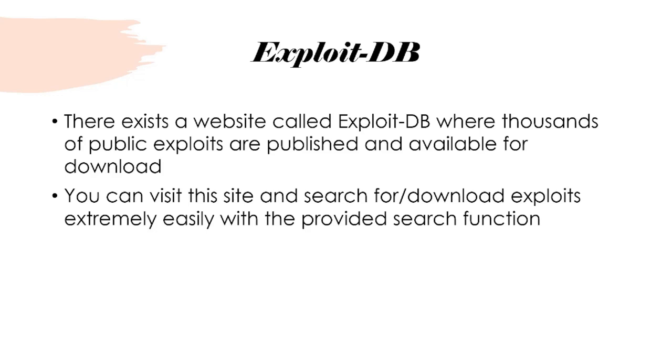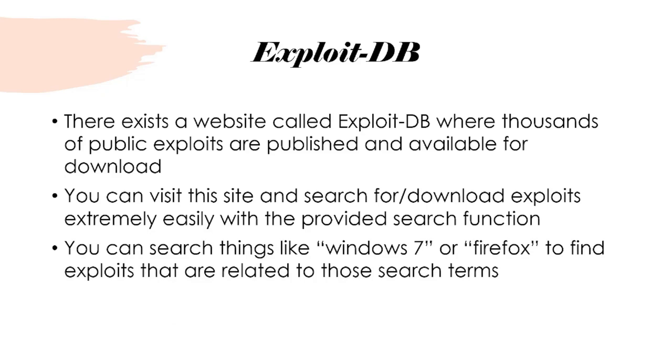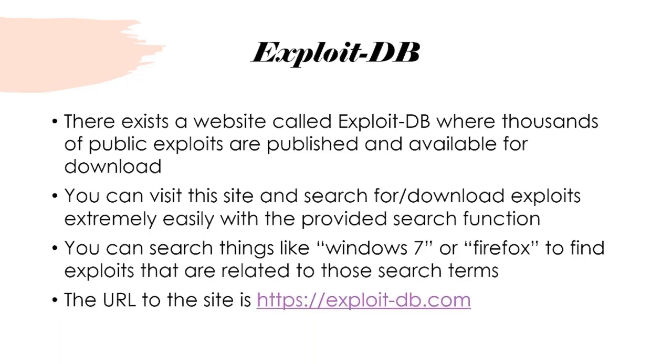I believe we already went there before, for the Google hacking stuff. You can search for stuff that you want, for example Windows 7 or Firefox, and find exploits related to your search terms. The URL, once again, is exploitdb.com.